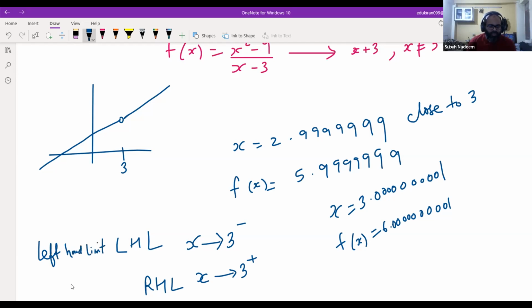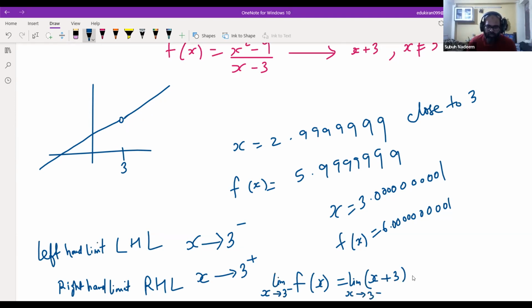And in that situation, we finally write the value of the function equal to the value at the limit. That is, if it is said limit x approaching 3 minus and f of x is x plus 3, limit x approaching 3 minus.